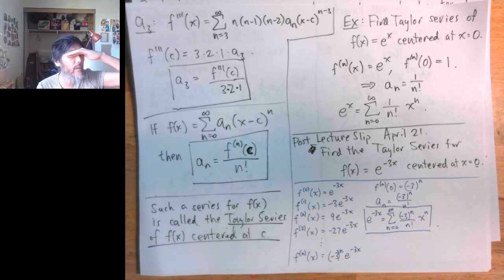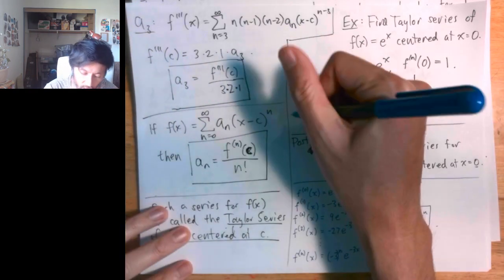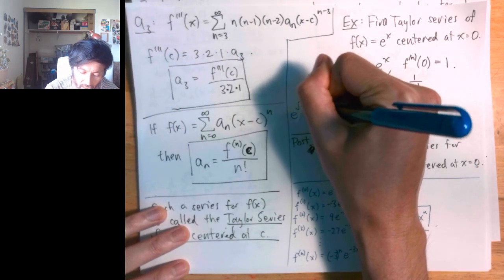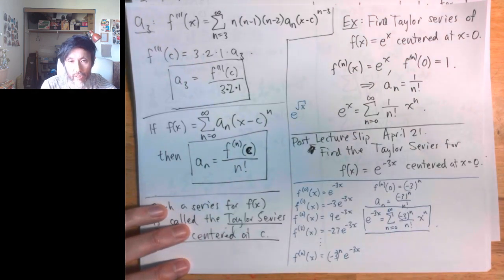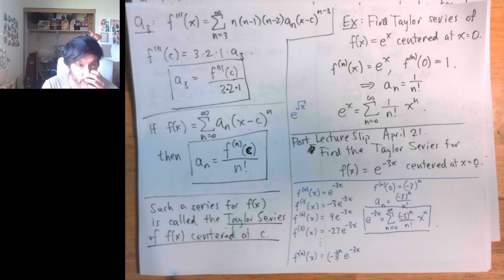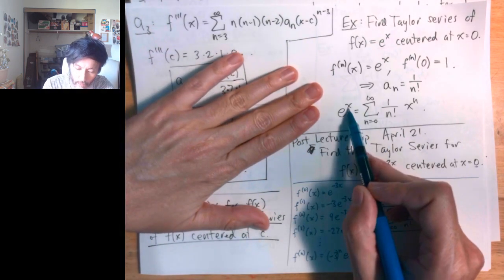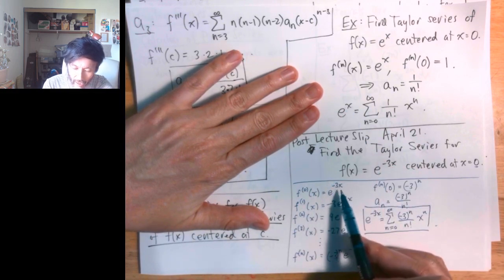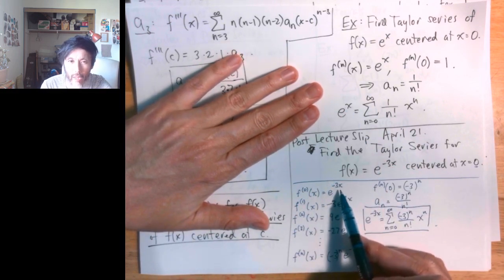Does that make sense? Now, such methods won't work for something crazy like e to the square root of x or something like that, right? That wouldn't work. It works when what you're replacing x by is some nice polynomial expression. That will work out.